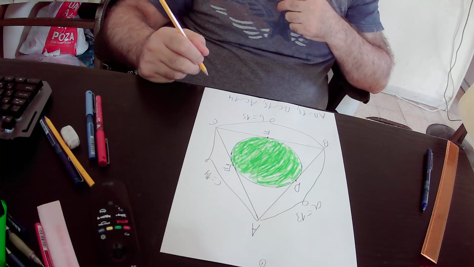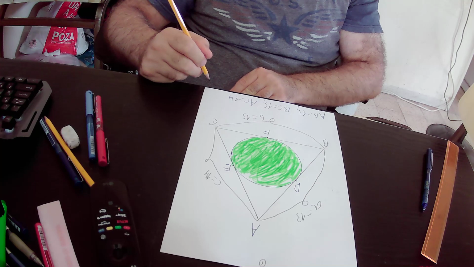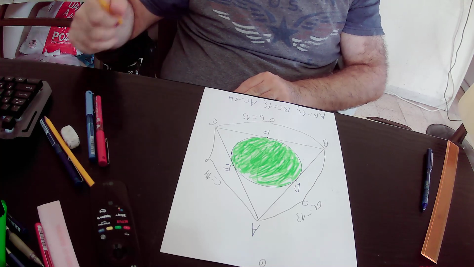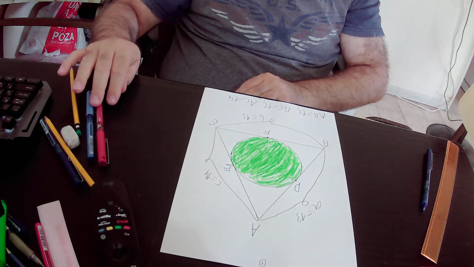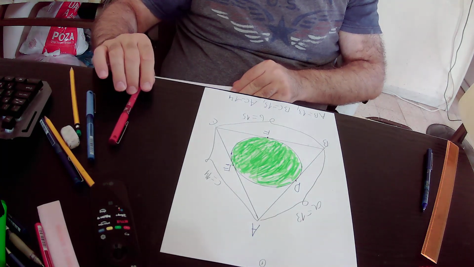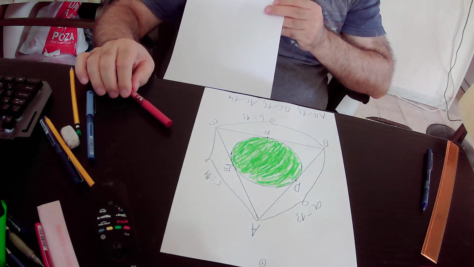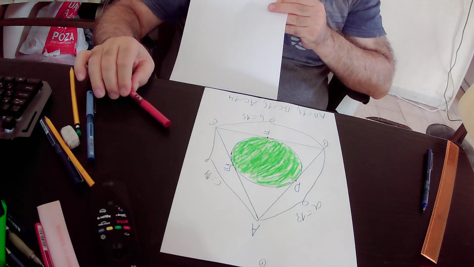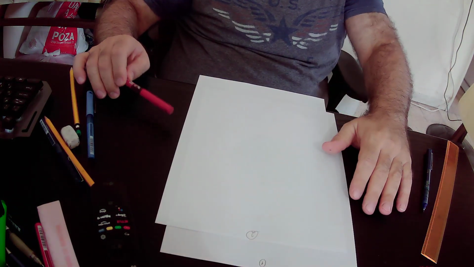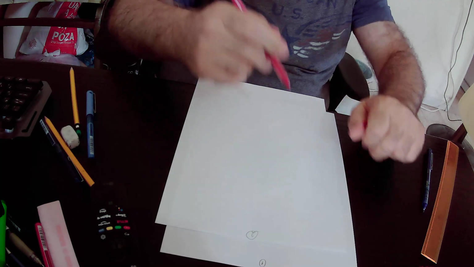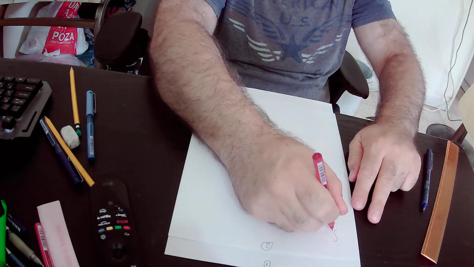So in the next step, we will define a new term that is actually the semi-perimeter of a triangle. So what is the semi-perimeter of a triangle?